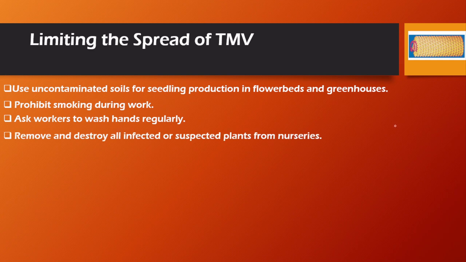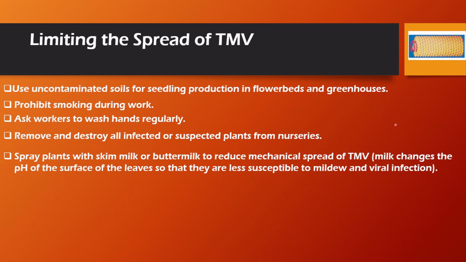We have to remove and destroy all the infected or suspected plants from the nurseries which are infected with TMV. We can spray the plants with skim milk or buttermilk. These substances can change the pH of the leaf surface, which can inactivate the virus particles.